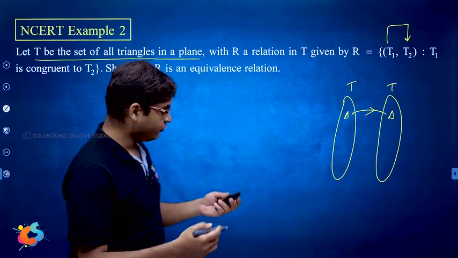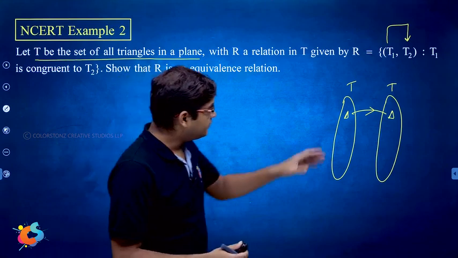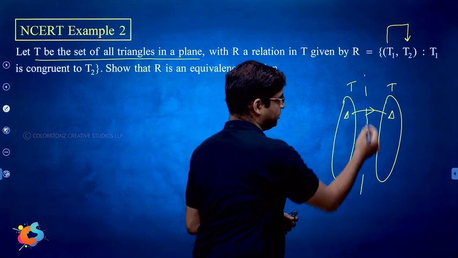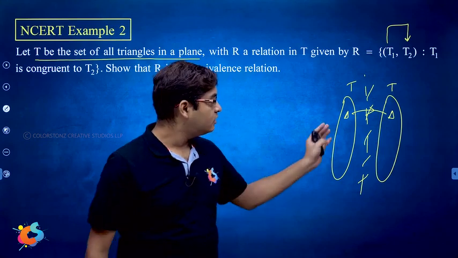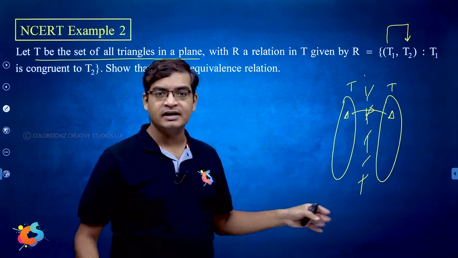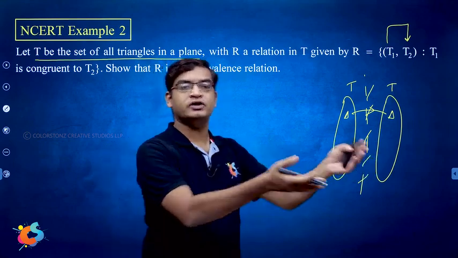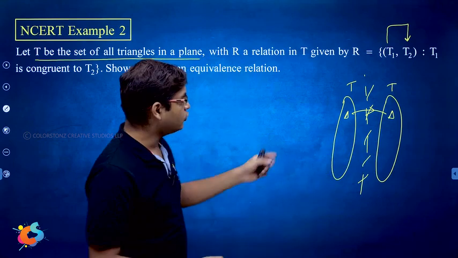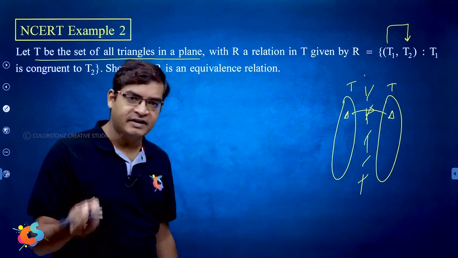So it will be reflexive, because what is reflexive? Every element in this set should be mapped to the same element. So you take any triangle, it will be congruent to itself, so it is mapped to the same triangle. You understood, right? So this will be a reflexive relation.